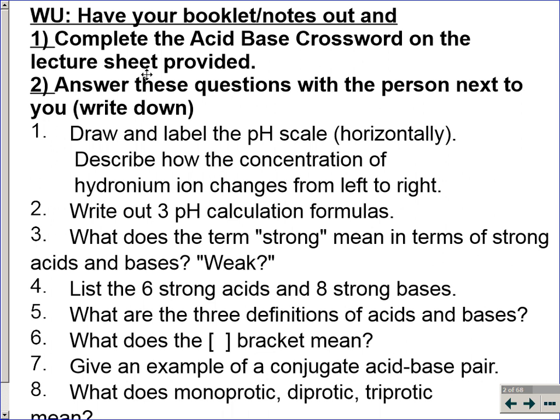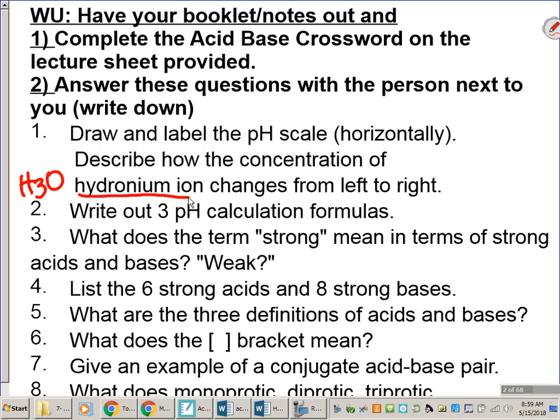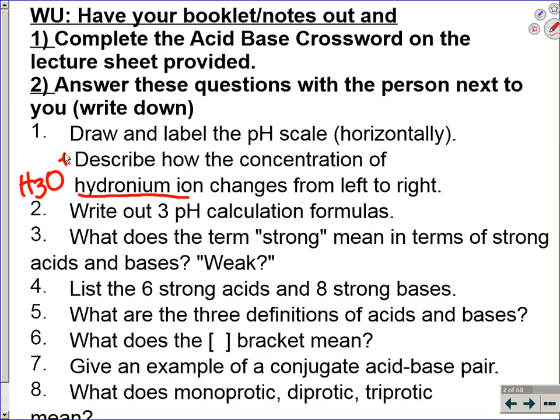Okay, describe how the concentration of hydronium ion changes from left to right. Everybody, what's hydronium's ion formula? Come on, loud and proud. H3O+. We have to know that it's H3O+, and that's the term hydronium. But many times we just call it hydrogen, as in H+, because if I take one of the H+ off of H3O+, what does it become?